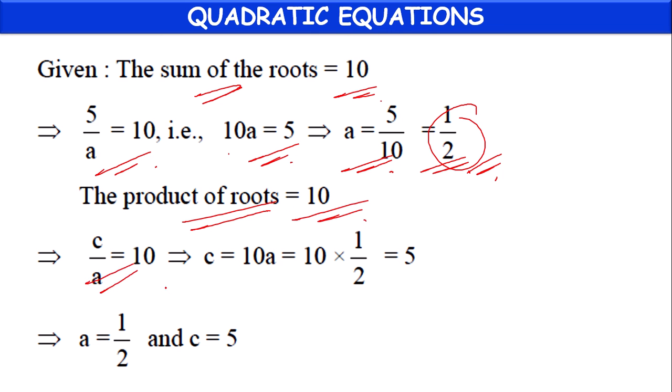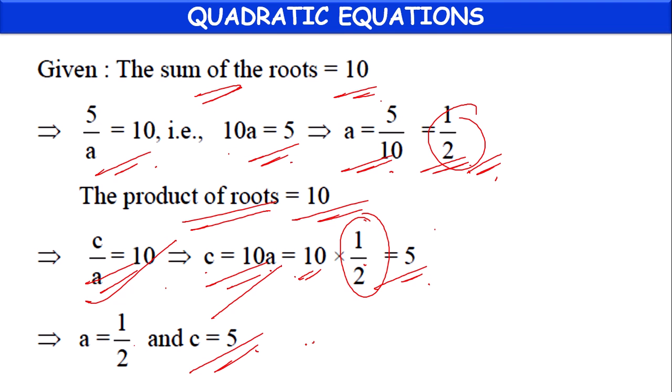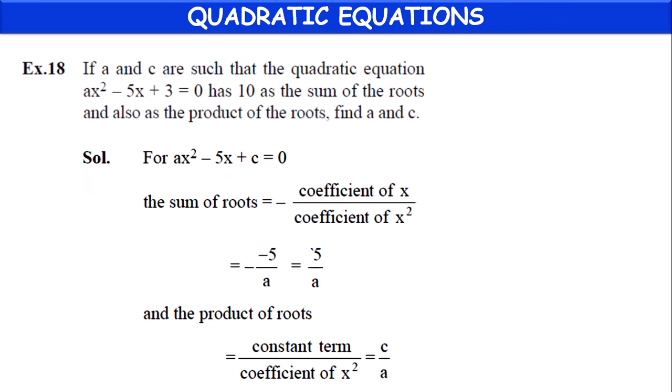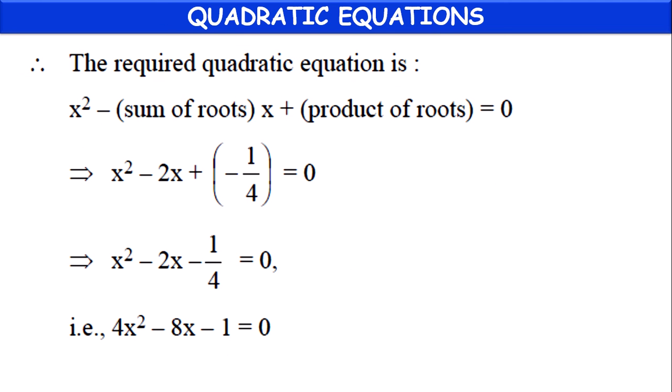Then c by a equal to 10, c equal to 10a, c equal to 10 into, in the place of a we can keep 1 by 2, c equal to 5. So the value of a is 1 by 2 and the value of c is 5. These two values we have got. So if they have given the sum of roots and product of roots, the unknown terms in the equation we can also find out.